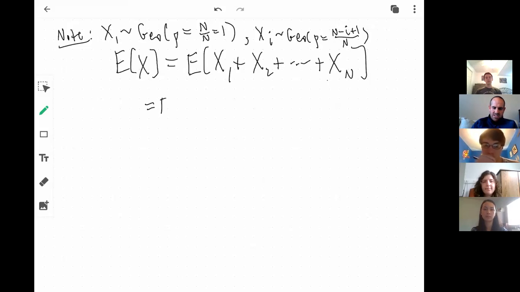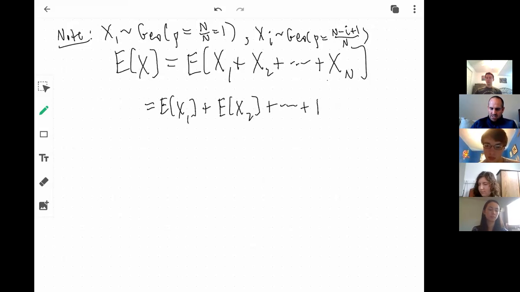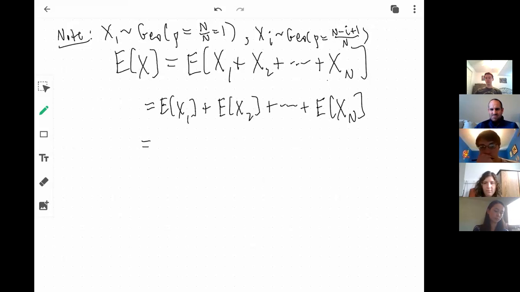So this is going to be the expected value of x1 plus the expected value of x2 plus ... plus the expected value of x capital N. Now let me ask you. What is the expected value of x1? We already computed it, didn't we? It was 1. But I'm going to write that in a funny way. I'm going to write that as n over n.